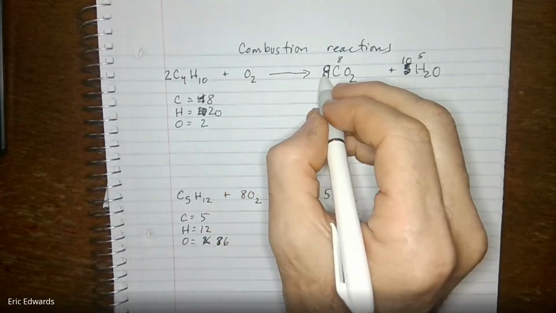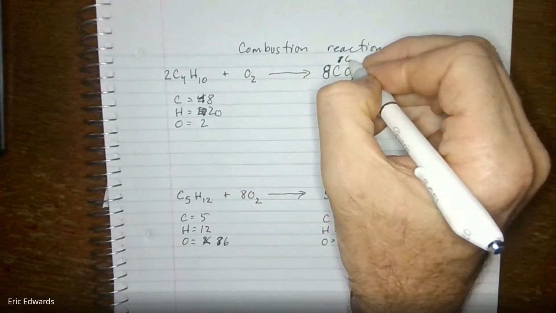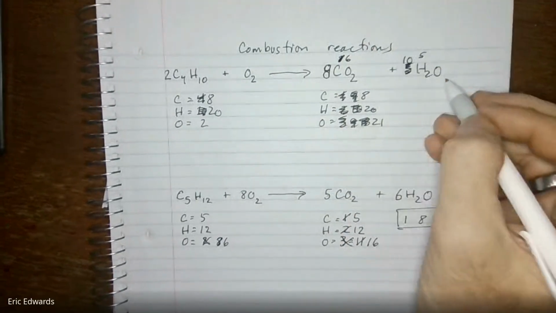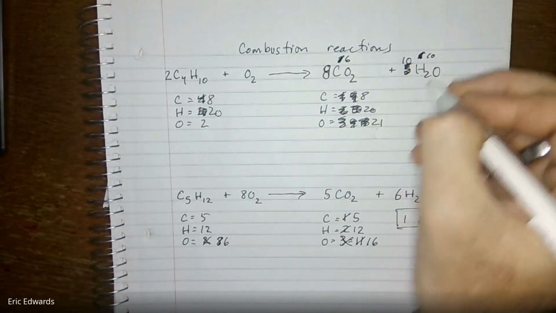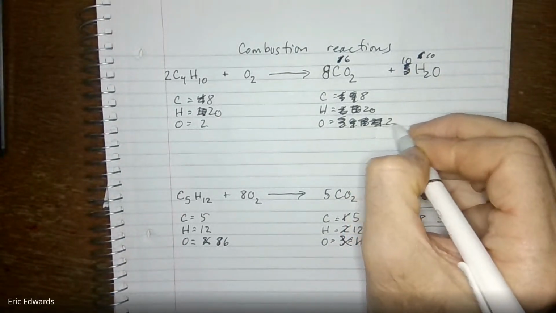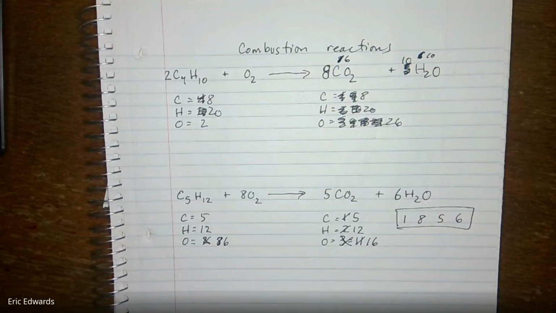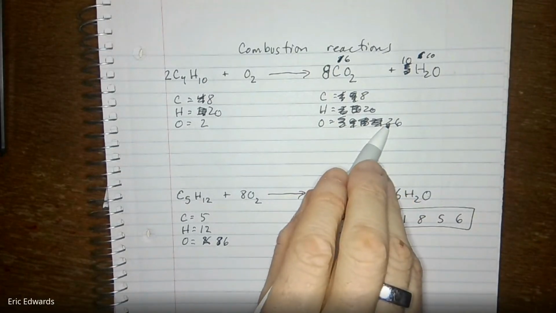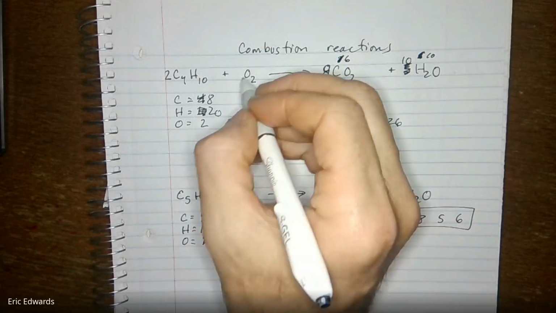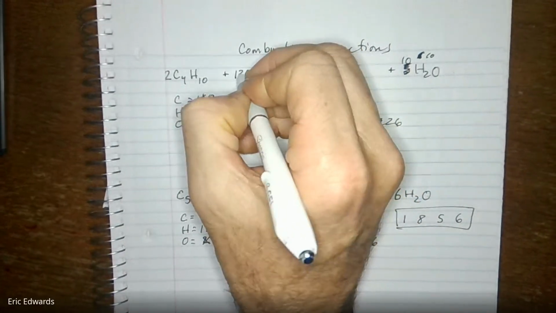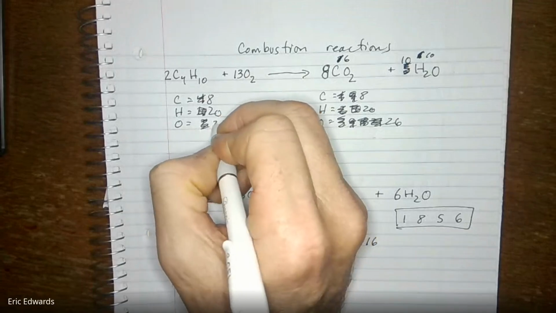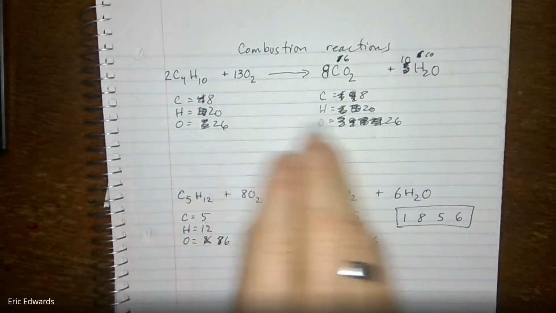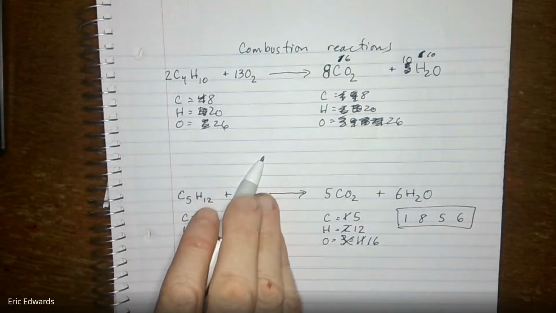And I've got 8 times 2, which is 16 oxygens, plus 10 more, gives me 26 oxygens. Now I can do this one. 26 divided by 2 is 13, which now gives me 26. So I have everything going in and coming out that I need to.